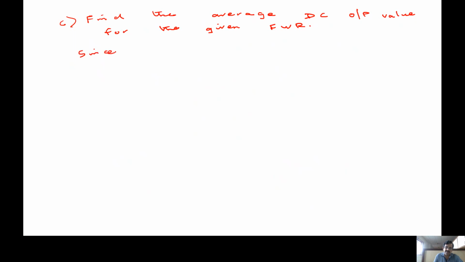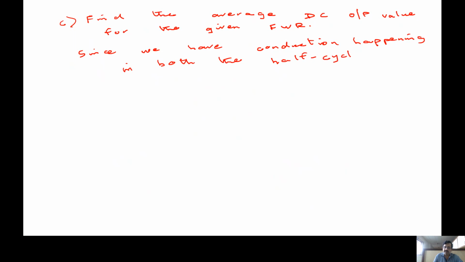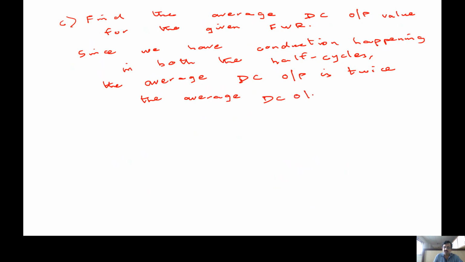Since we have conduction happening in both the half cycles, the average DC output is twice the average DC output value obtained with half wave rectifier configuration.